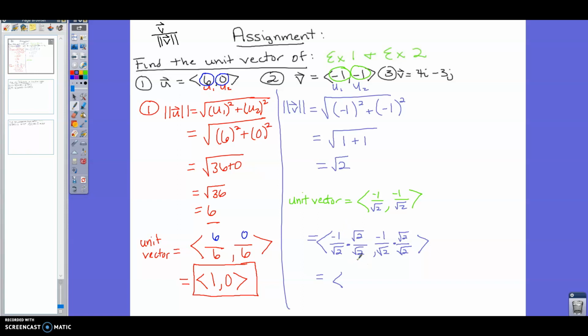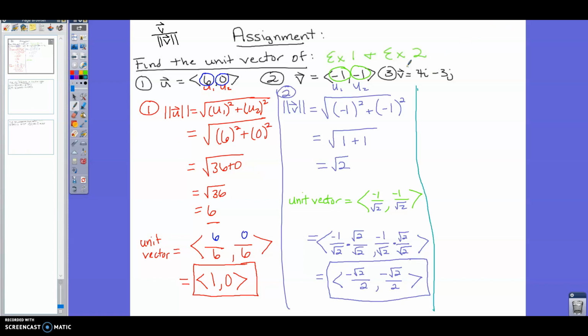So in the top, we have negative 1 times the square root of 2, which is negative square root of 2. And square root of 2 times square root of 2 is the square root of 4, which simplifies to 2. Same thing over here. Notice the numbers are exactly the same, so it's going to end up being exactly the same numbers. So our component form is negative square root of 2 over 2, negative square root of 2 over 2.